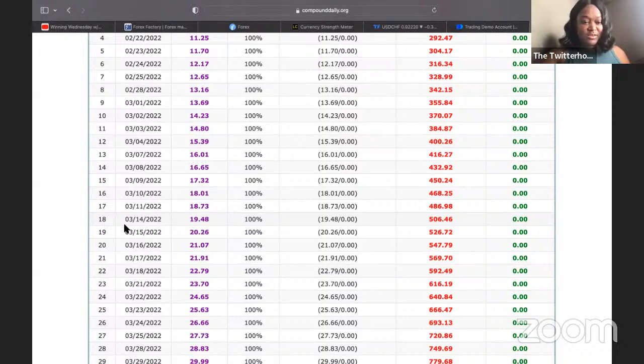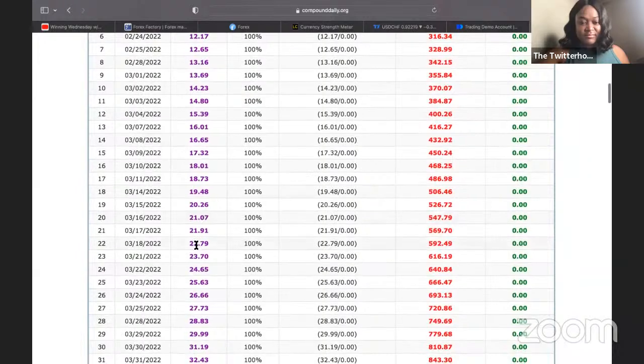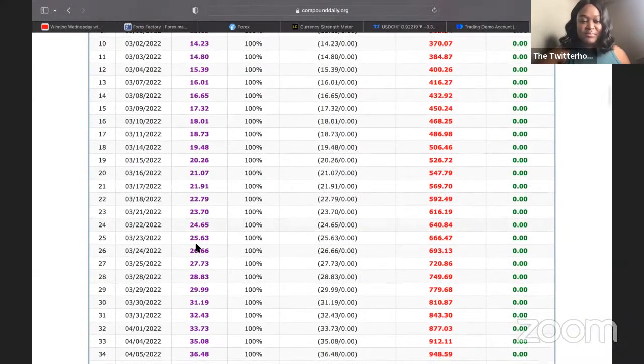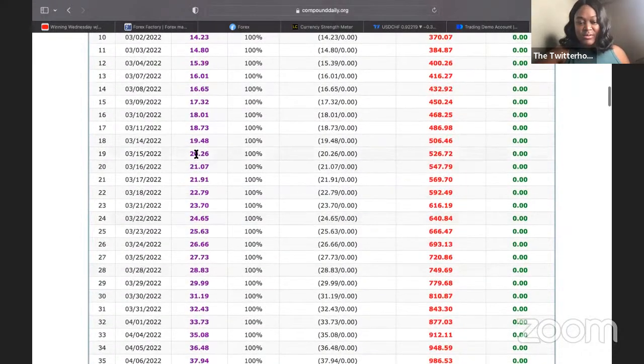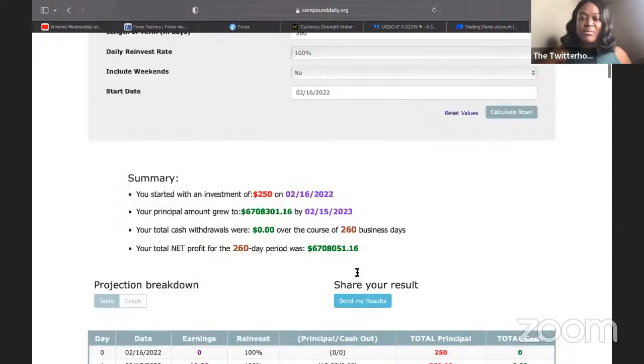We're not perfect, so let's just say you could still hit that mark around there. 30 days with 250, you're at $810. So it's just to play with the numbers.